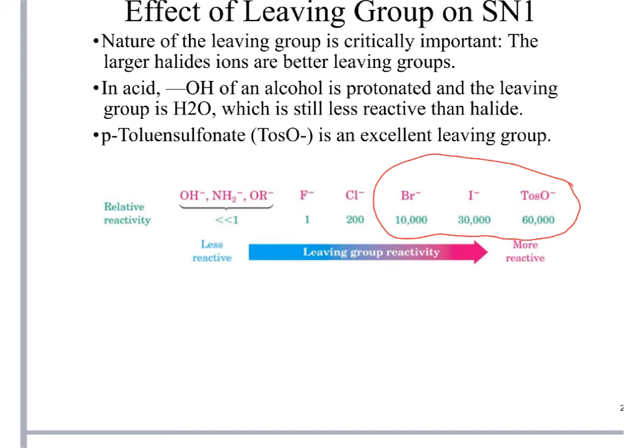So again, those three circled groups, tosylate, iodide, and bromide, are the best leaving groups for both SN1 and SN2 reactions. Strong bases, hydroxide, amide, and alkoxide, as well as fluoride, would not partake in an SN1 mechanism as they are very strong bases. They are not able to delocalize or stabilize their negative charge, and they will increase the activation energy for the SN1 reaction.